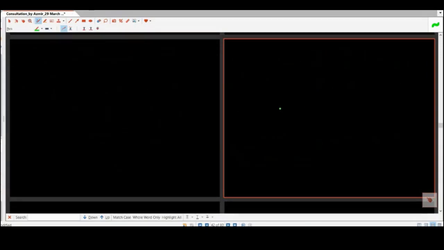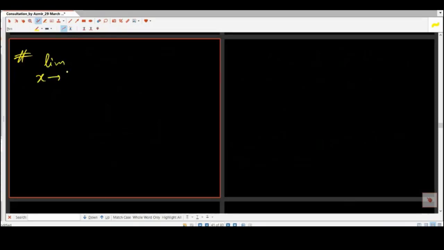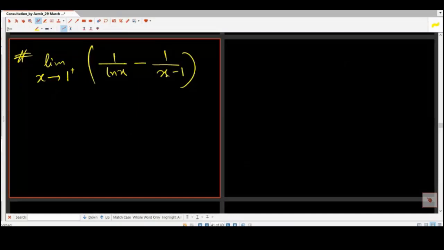So for example, let's solve one problem. Let's say we have the limit as x tends to 1 plus of 1 over natural log of x, minus 1 over x minus 1.